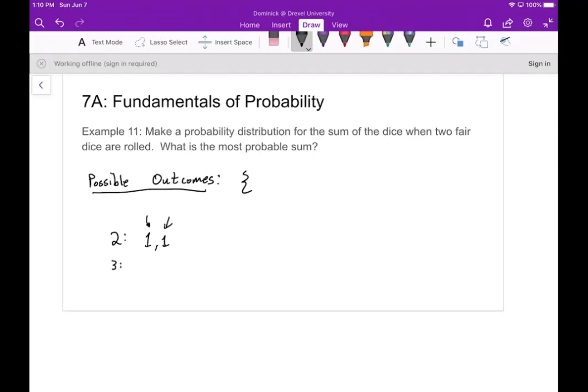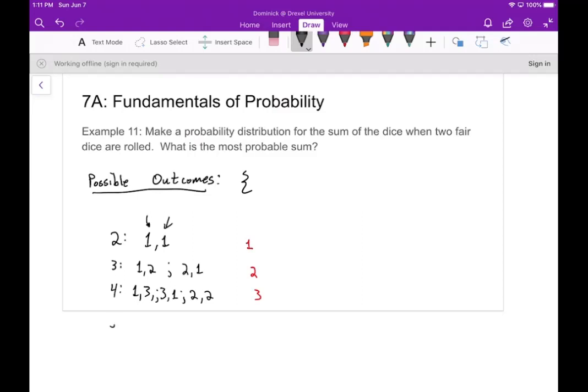Now, to get a 3, you could have a 1 and then a 2, or you could have a 2 and then a 1. For a 4, we could have a 1 and a 3, a 3 and a 1, or we could have a 2 and a 2. So far it looks like we have 1, 2, and 3 possible ways to get each of these.